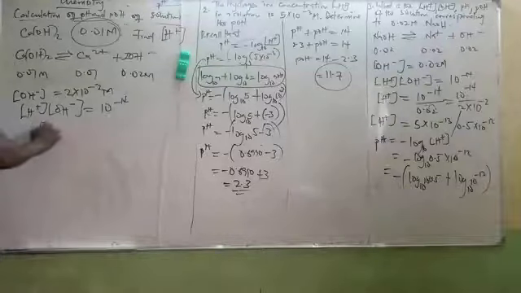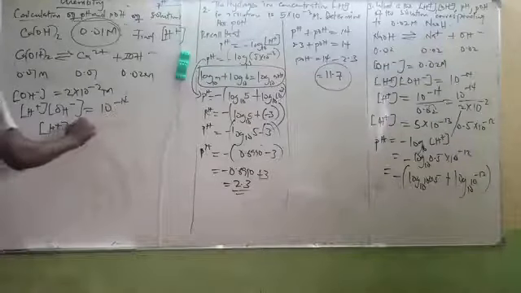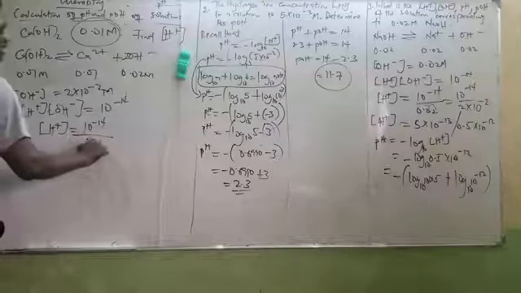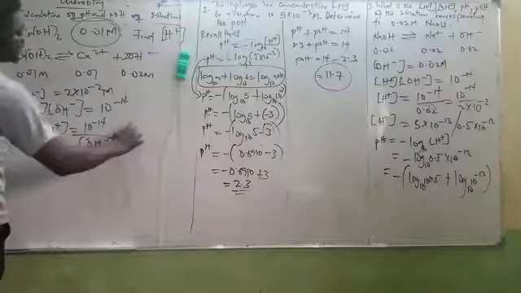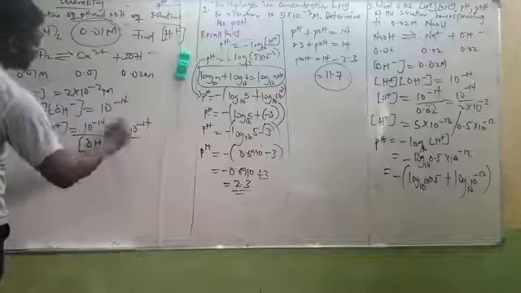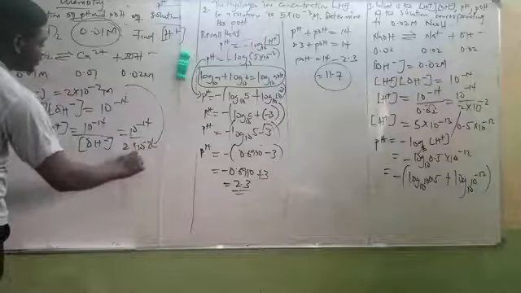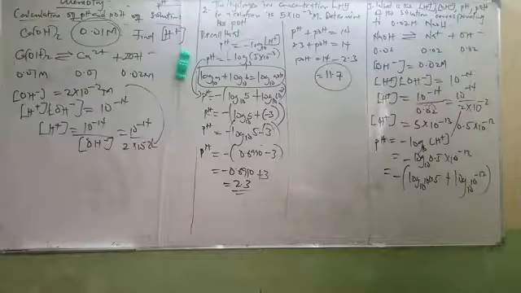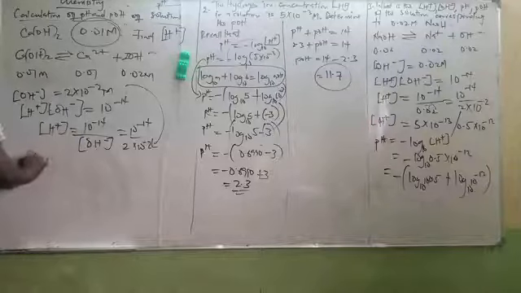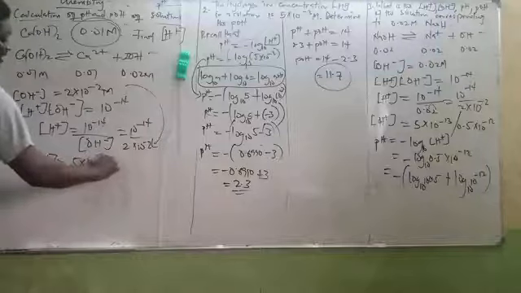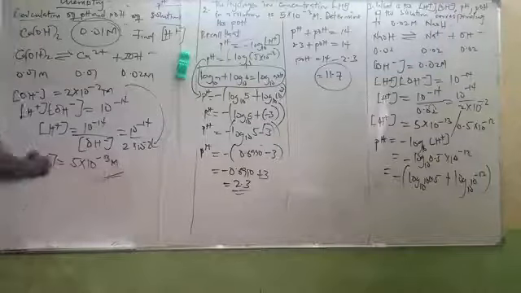So, our H+ is equal to 10 raised to power minus 14 over our OH-, and we know that our OH- is what we have gotten earlier, which is 2 times 10 raised to power minus 2. And just like what we did earlier, we have our H+ to be 5 times 10 raised to power minus 13 molar, and from this you can get your pH, which is something similar.